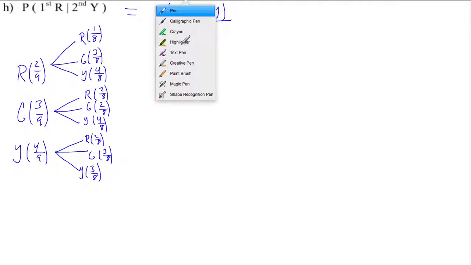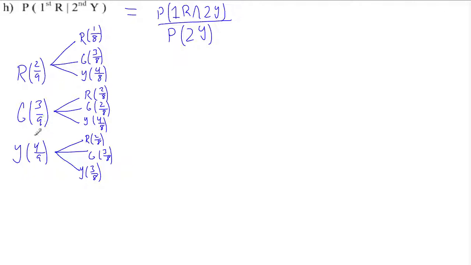So if I highlight that situation where we have a red, yellow, what's the probability that I have red first and yellow second? And that's 2/9 times 4/8. And I'm going to divide this by the probability that the second is yellow. So I'm going to divide this by 4/8.